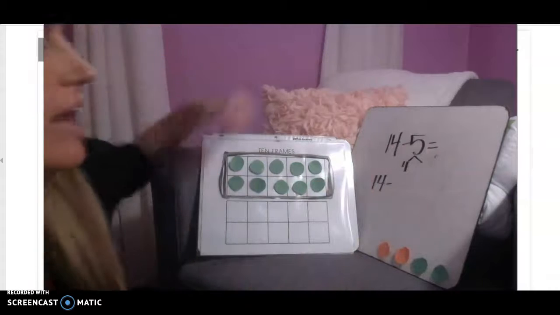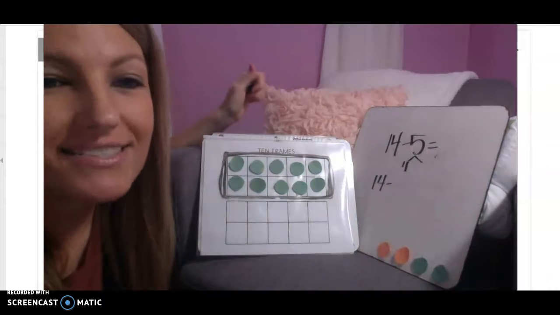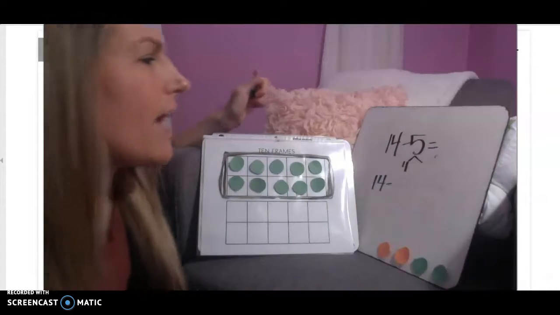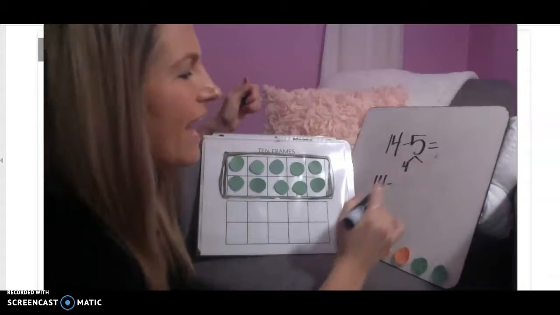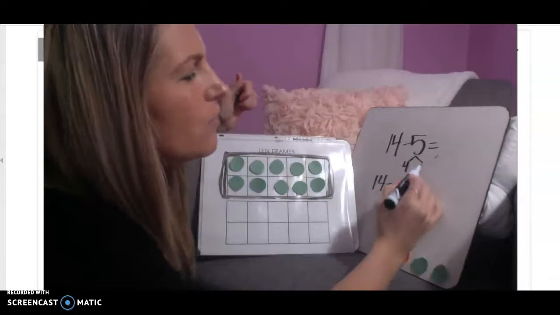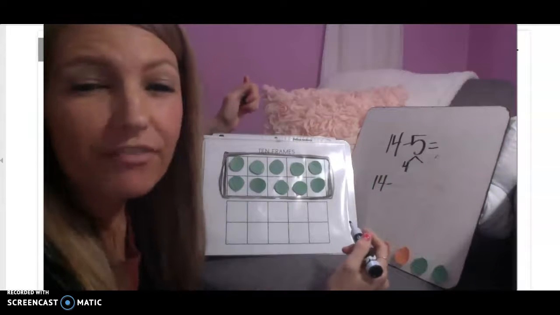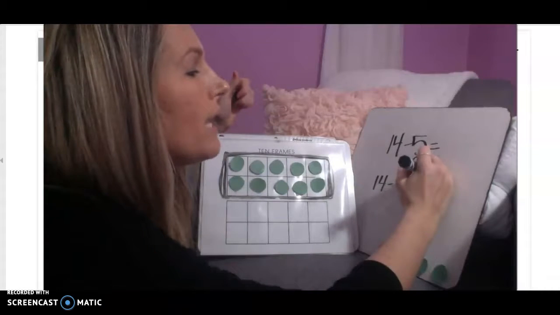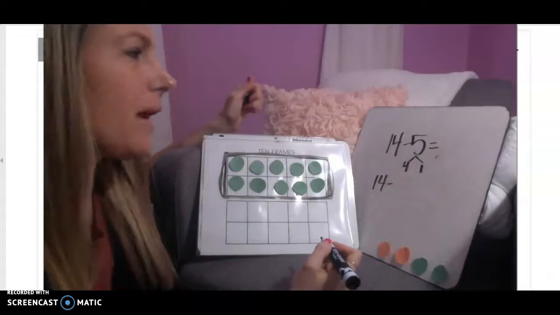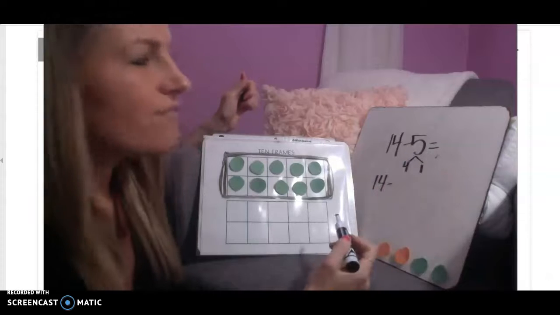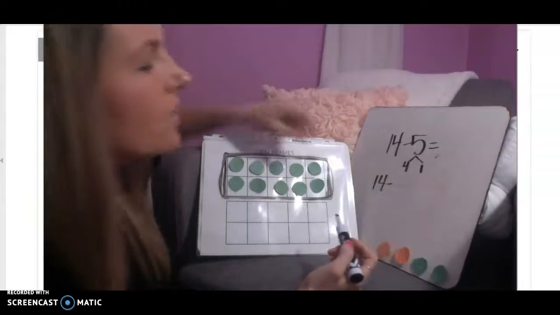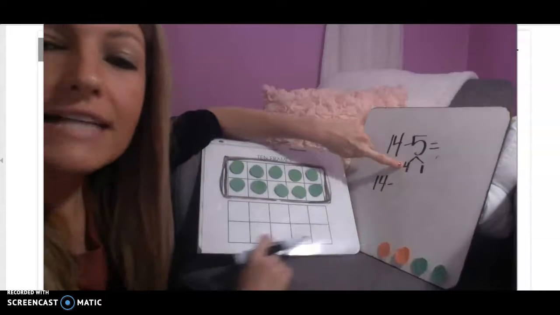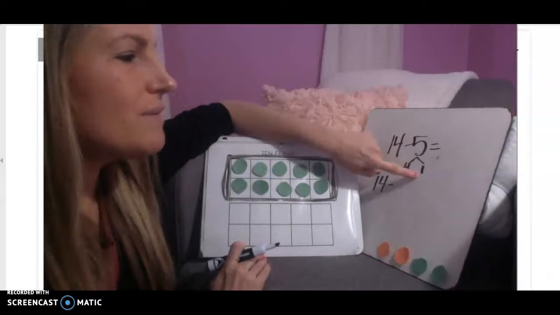Now, if I have 4 dots, how many more would I need to get 5? I would need 1 more. Okay, so what I did is I took this 5 and I broke it apart to show my 4 dots that I took away. That leaves me left with 1.